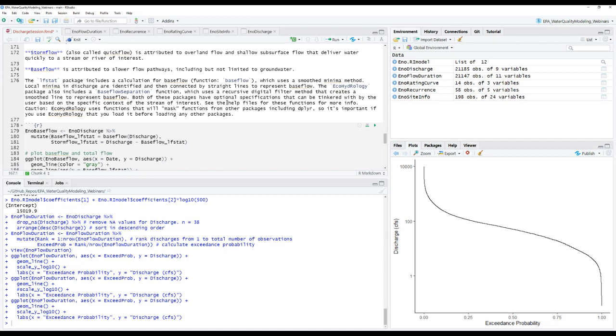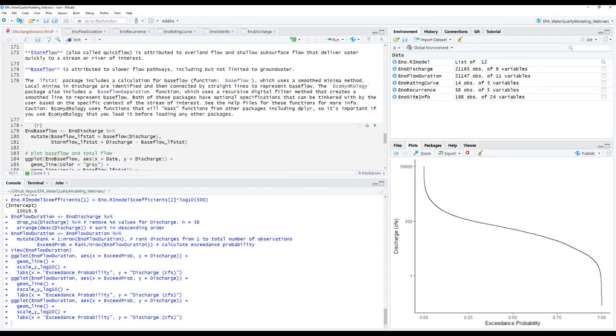Finally, before we embark on the code, I just wanted to mention that the ecohydrology package, which we haven't loaded today, but you could install and load yourself, uses functions that mask other functions, particularly in the package dplyr, which is included in the tidyverse that we've been using today. So what I'd recommend if you are using ecohydrology is to load it first, as the very first package you load, and then to load other packages within your session.